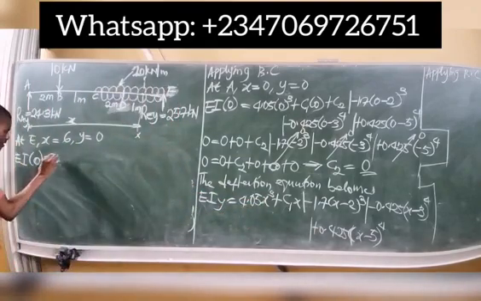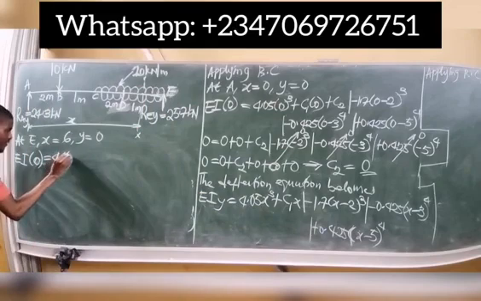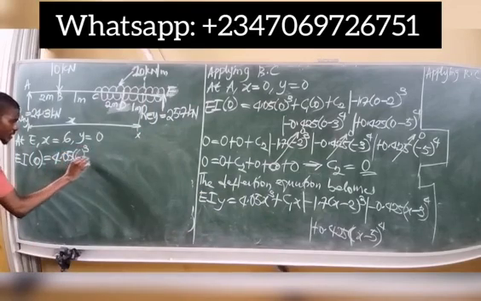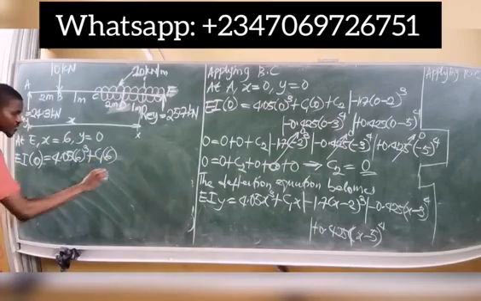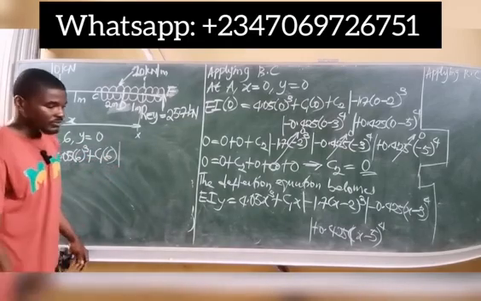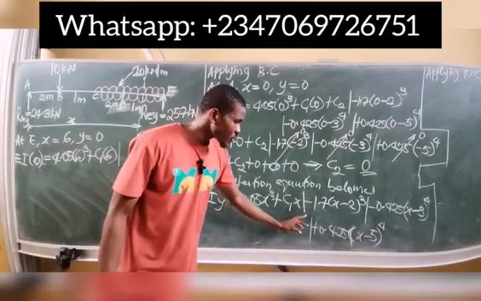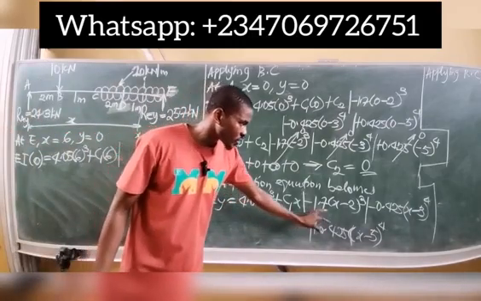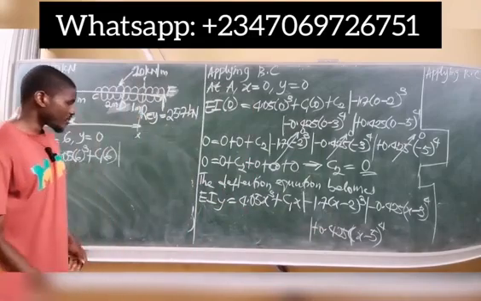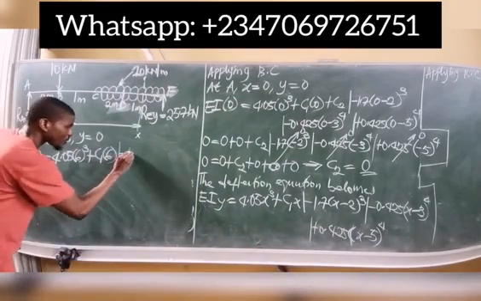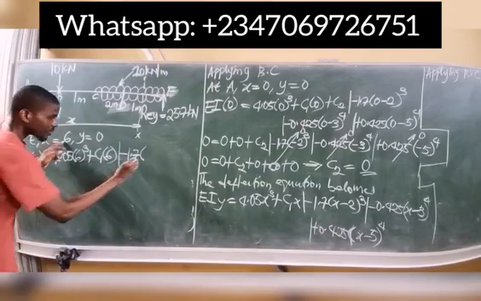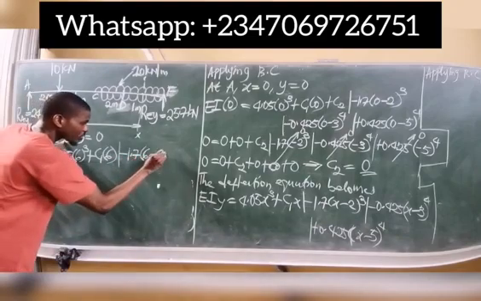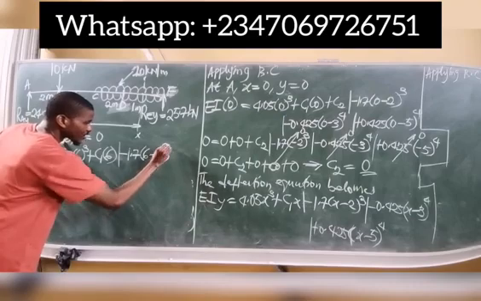So we simply have 4.05, in place of x, we simply put in 6 cubed, plus C1x, in place of x, we put in the value as 6. Okay, put down your Macaulay's bracket. So we have minus 1.7 into x minus 2 to the power of 3. So that's minus 1.7 into, in place of x there, x is 6. It becomes 6 minus 2 to the power of 3.